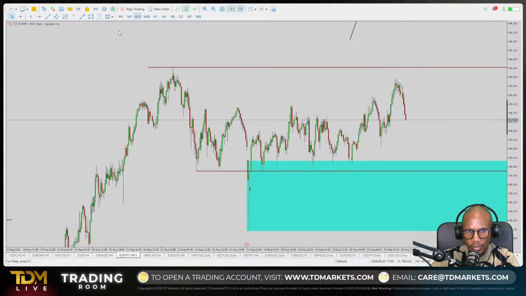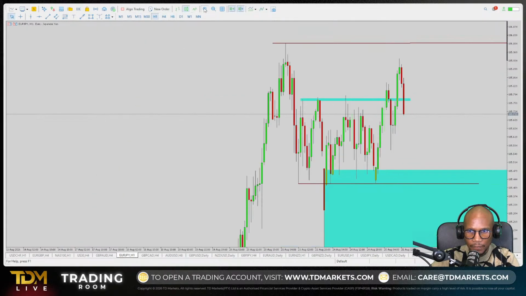Okay, so you're talking about this zone here, somewhere here. Let me go back. So is that a possible area for buys? Let's see.